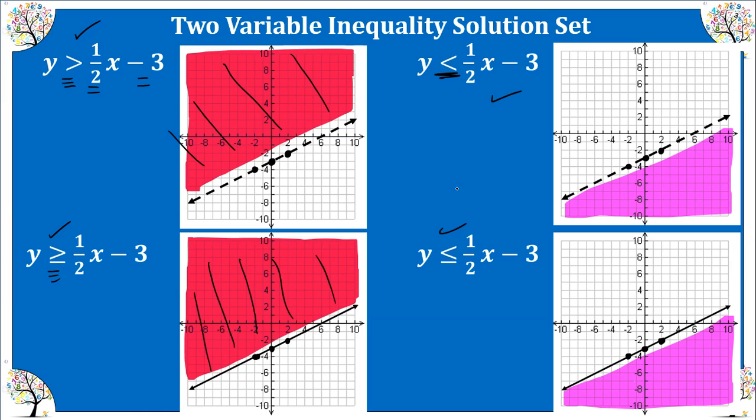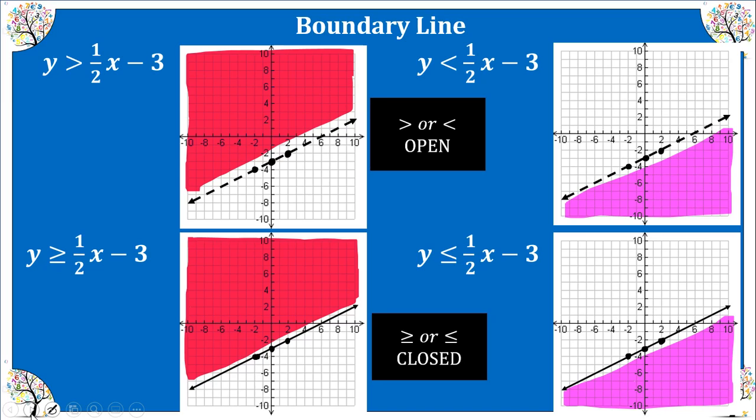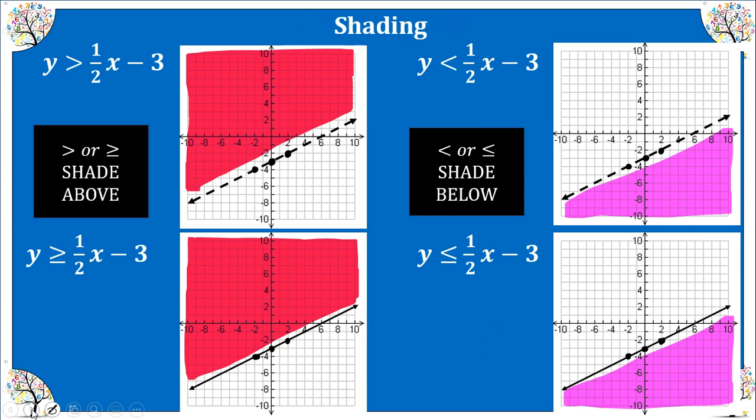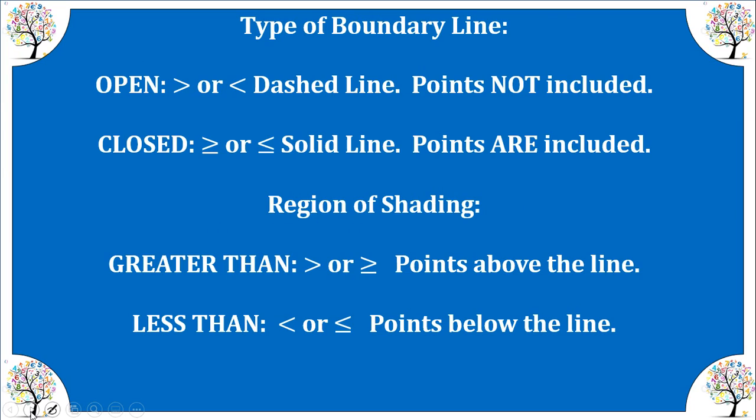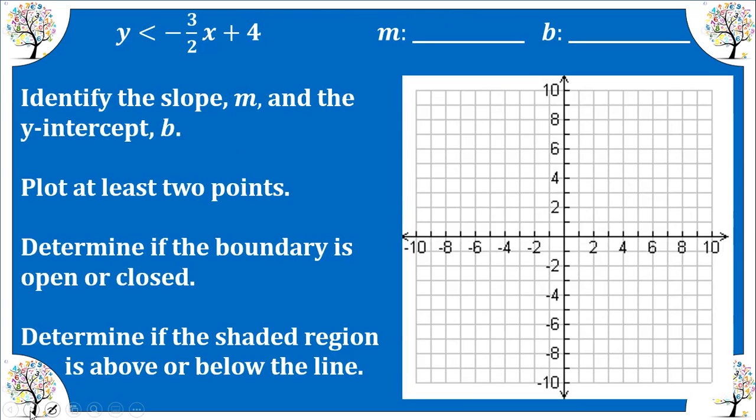When it's less than or equal to, that says my solution, my output y, is in the lower half of the graph, the lower region below your boundary line. So here's our conclusion. Pause the video and jot this in your notes. Now let's try some examples.